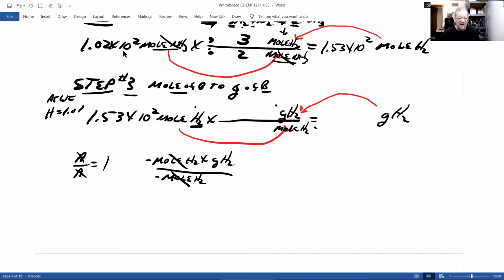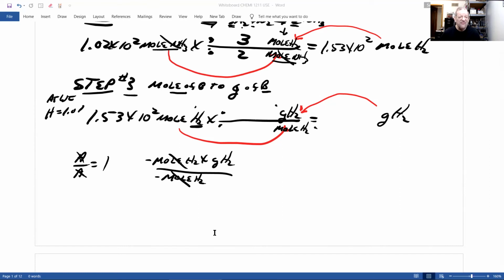Now, here's where unit analysis helps you out. Well, first, let's put in the numbers, then I'll show you how to tell when you make a mistake in a step like this, which is a good thing. All right, where do we get these numbers? Where do we get a relationship of moles of a compound to grams of a compound?